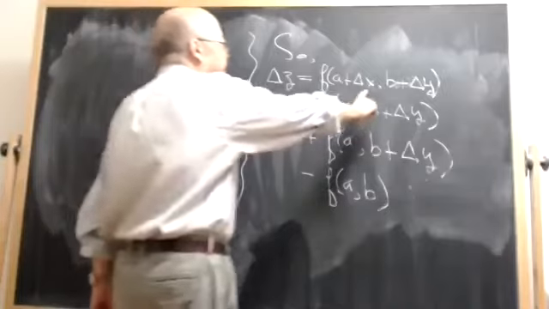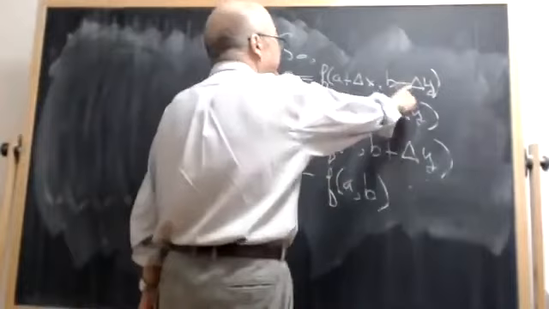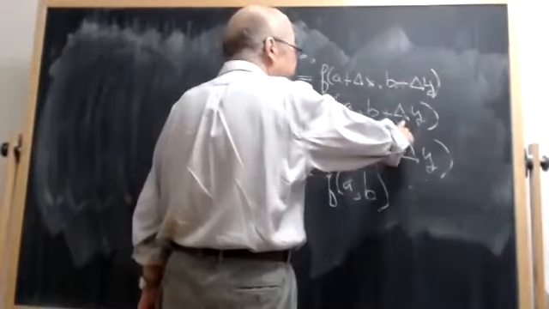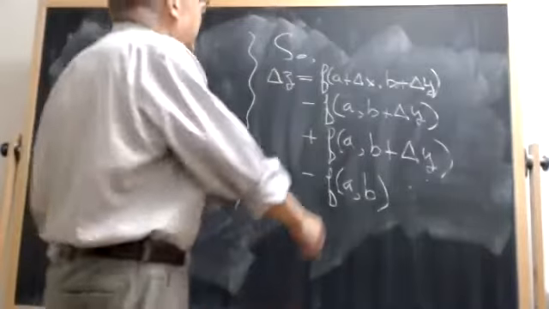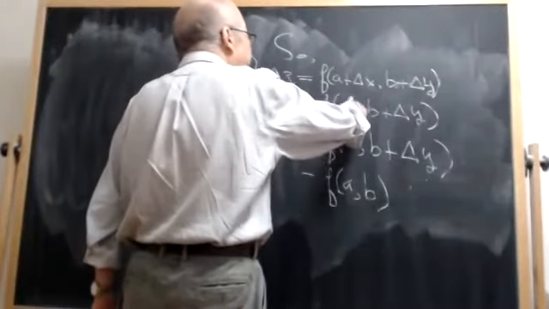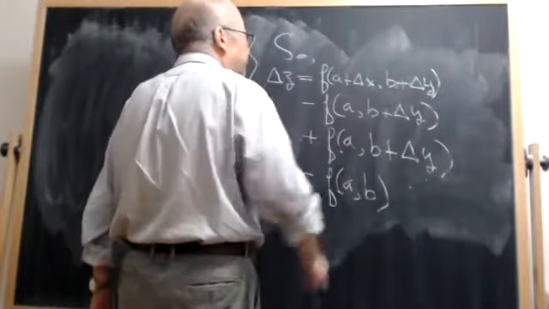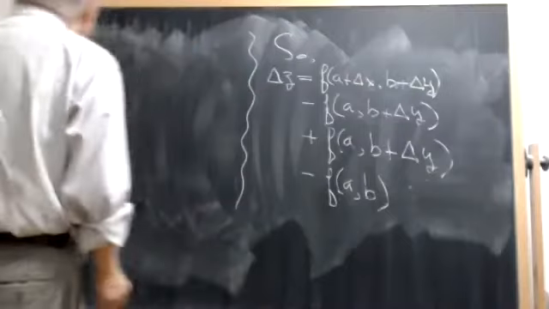Now, if you look at the first two terms, keeping the second component constant, I can find a u between a and a plus delta x for which something happens.